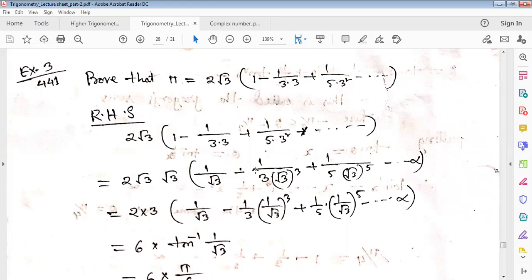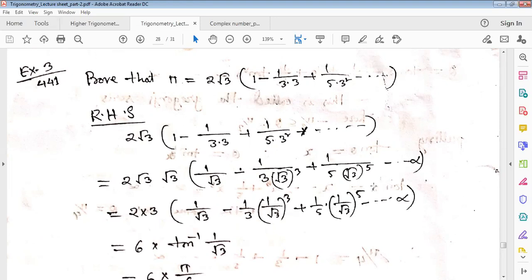Now 1 by root 3, this is 1 by 3 into 1 by root 3 whole cube, then 1 by root 3 to the power 5. That means it becomes a series. What kind of series? This is the tan inverse x series: tan inverse x equals x minus 1 by 3 x cube plus 1 by 5 x to the power 5. Look like this.